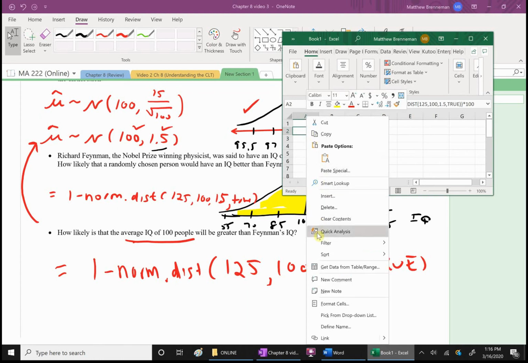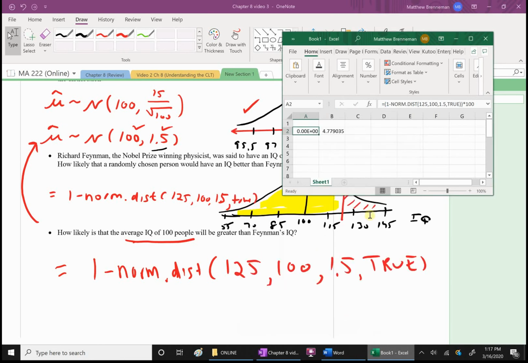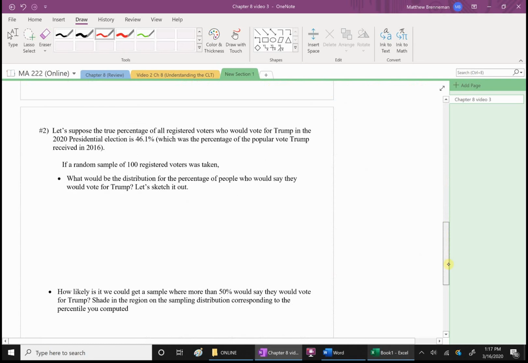And in fact, if I format the cell so that I use scientific notation, well, even with scientific notation, it's so small that it's practically 0. Okay, so the answer is essentially 0. For all practical purposes, it's actually 0.